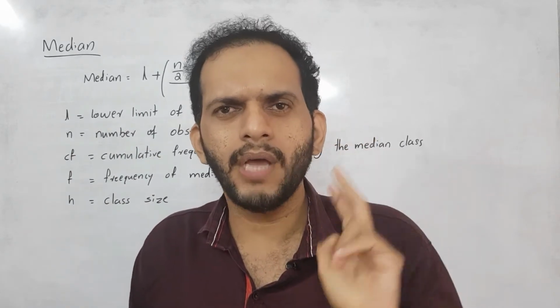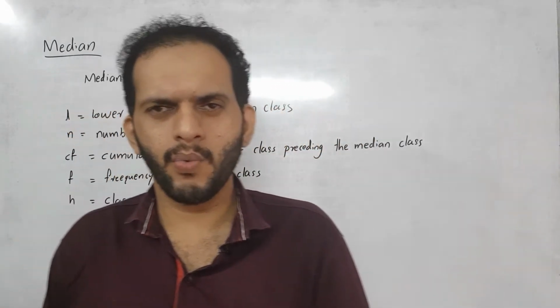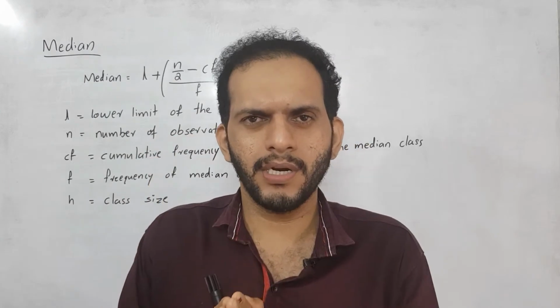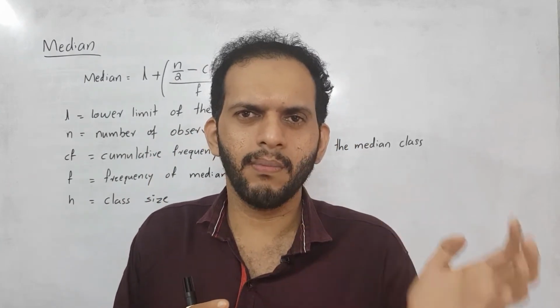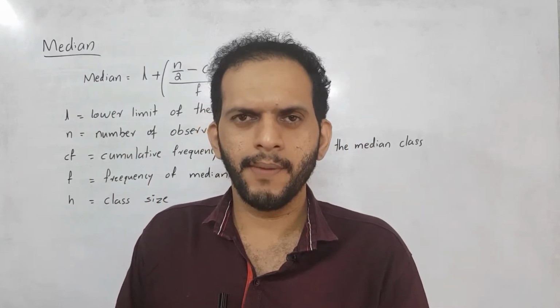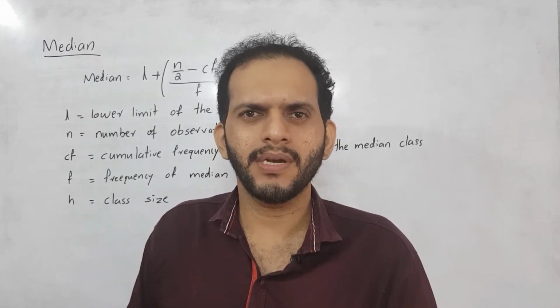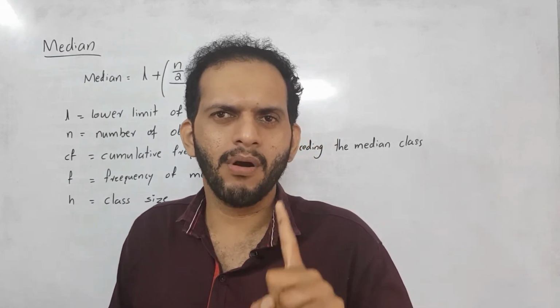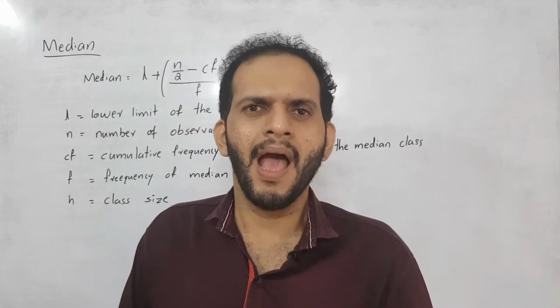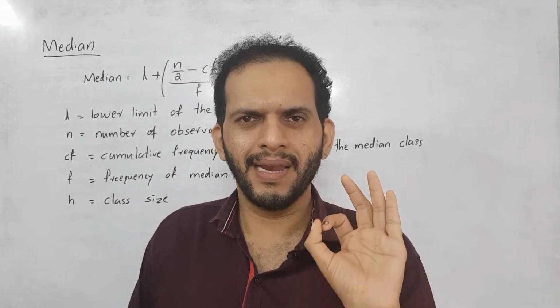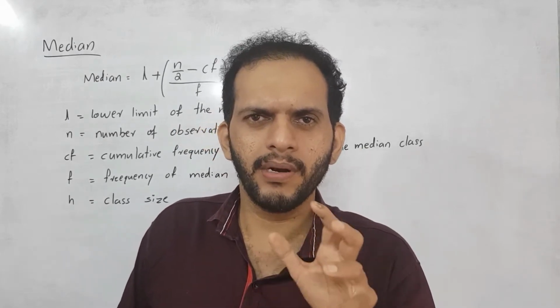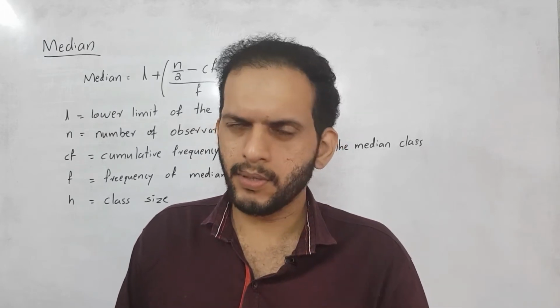We have two types: the less than cumulative frequency table and the greater than cumulative frequency table. The less than table is written on the base of the upper limit, and the greater than table on the base of the lower limit.